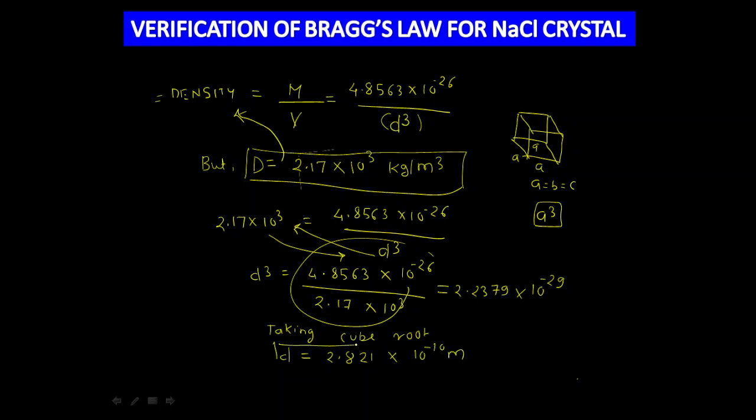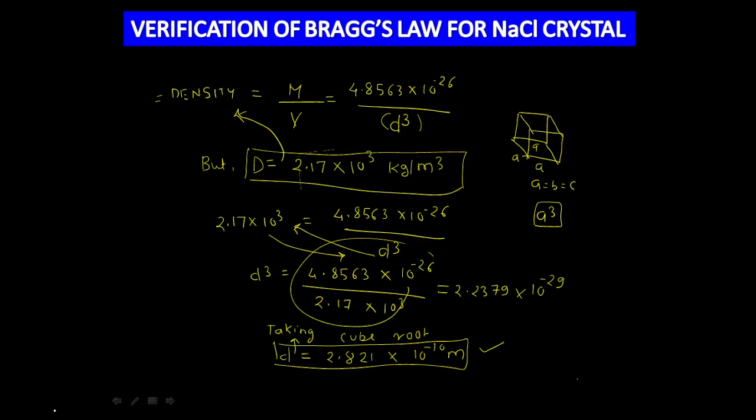So after calculating using the density of the NaCl compound, we get the side of that elementary cube, that is D, as 2.821 into 10 to the power minus 10 meter. So this is the side of that elementary cube.